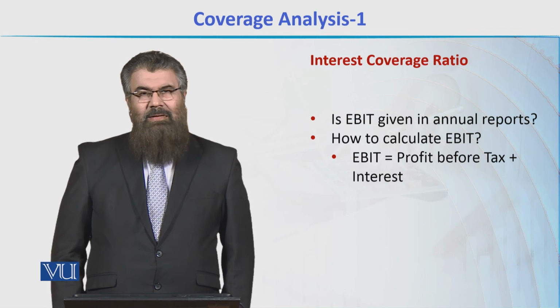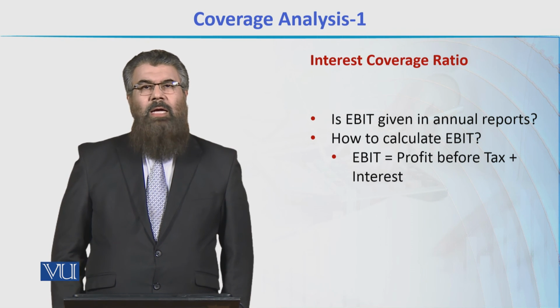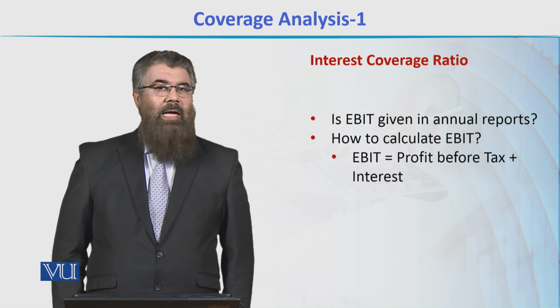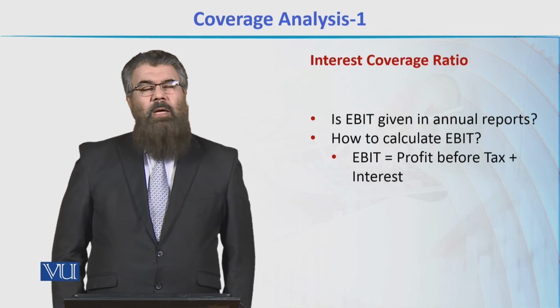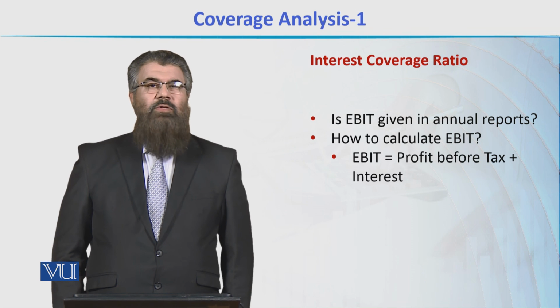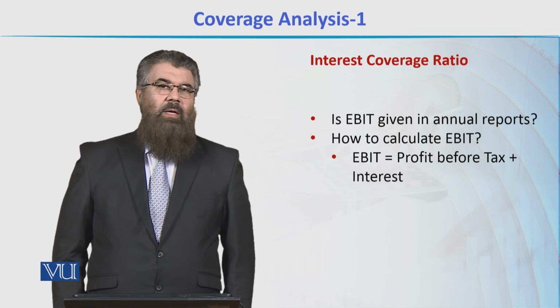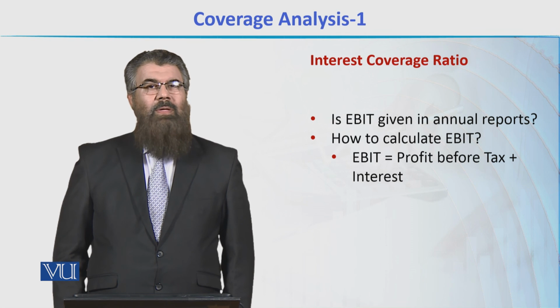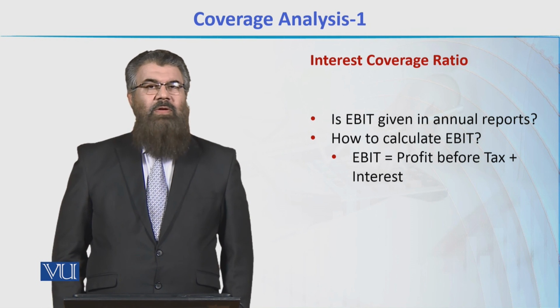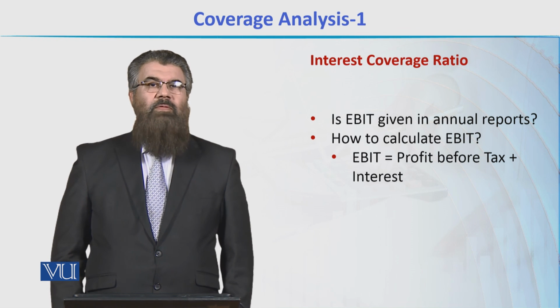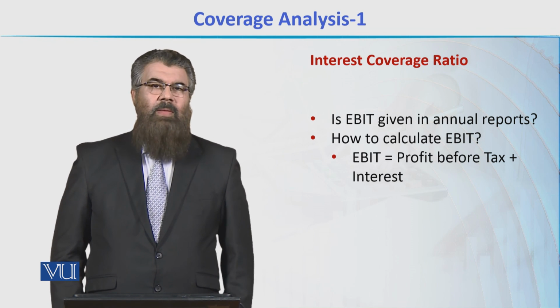EBIT figure is not directly given in the annual report generally, but it can be calculated. This amount is calculated by considering the amount of earning before tax and adding the amount of interest in it. So the financial cost or the interest, if it is added in the profit before tax figure, what we get is the profit before interest and taxes.